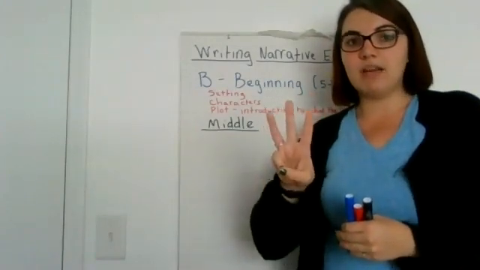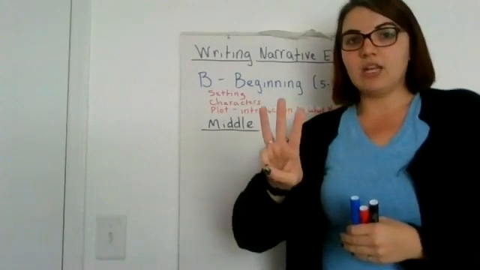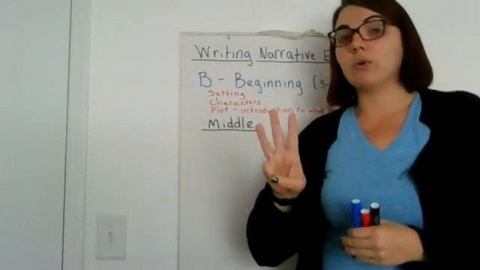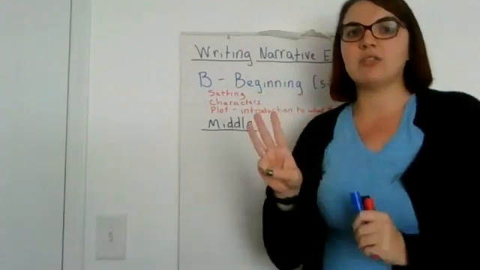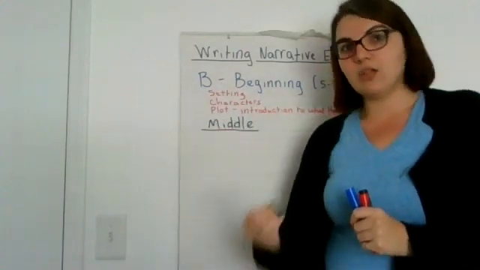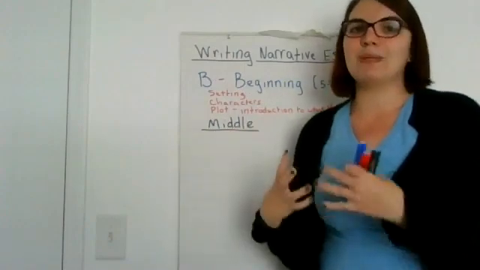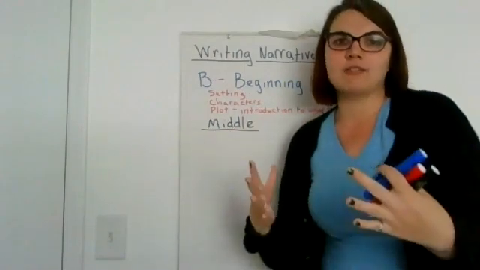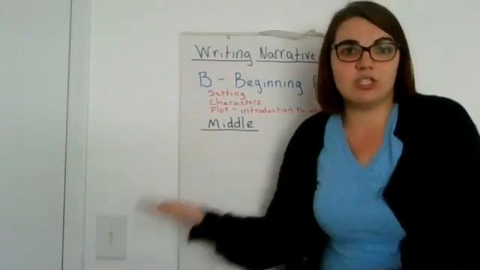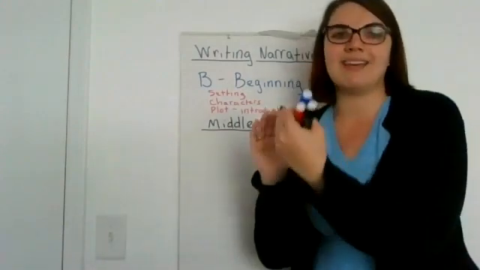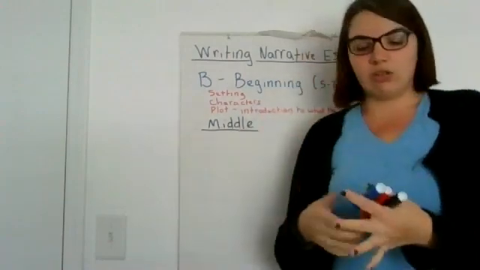So you're going to have 3 main events after your beginning, and those 3 main events should be told in order of how they happen in the story, and they should be connected to each other in such a way that it flows. So I should see separate paragraphs, but it shouldn't be choppy, like one paragraph's all about school, and the next paragraph, it doesn't tell me how she got there, but suddenly she's at the pool. Why is she at the pool? It needs to be connected ideas. So those are your 3 T's.